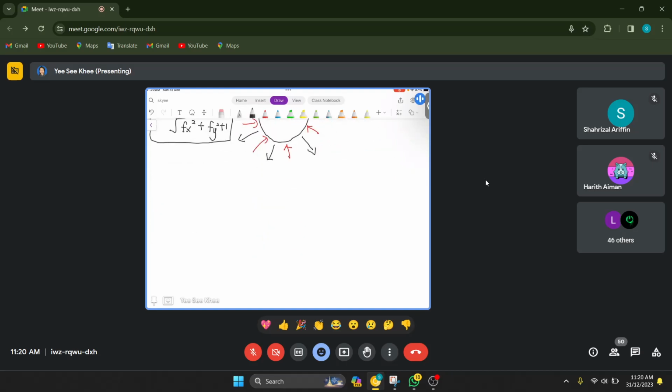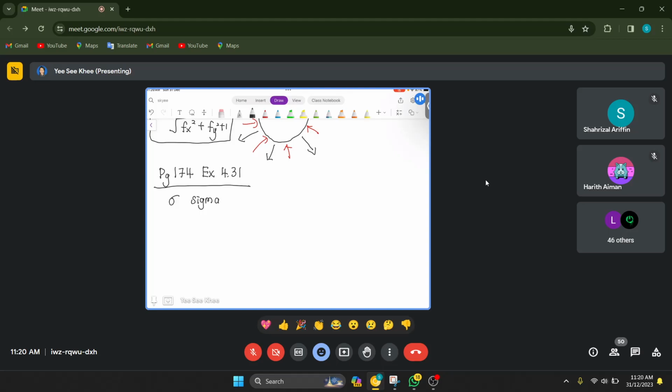We look at example 4.31, next page, page 174. Let sigma be the surface of the plane.